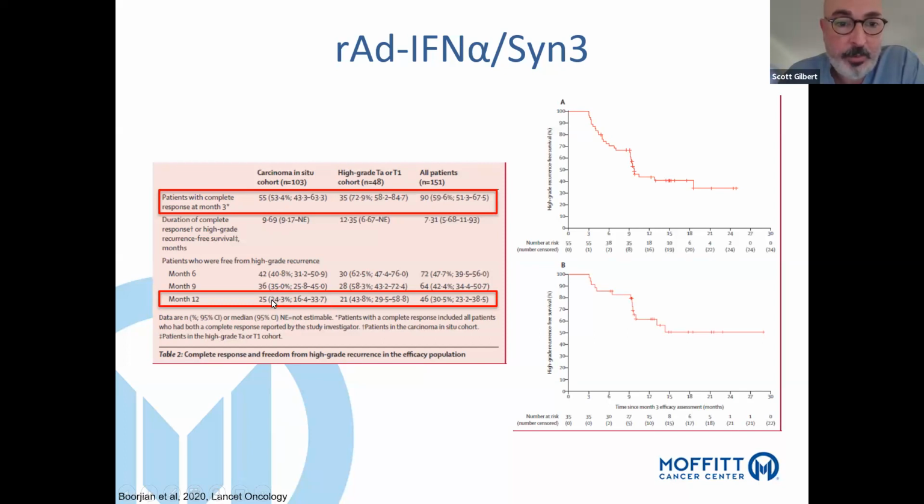So only 24% of patients were free of a high-grade recurrence in the CIS patient group at 12 months versus 44% of patients if you didn't have any CIS in your history, in your past biopsy samples.